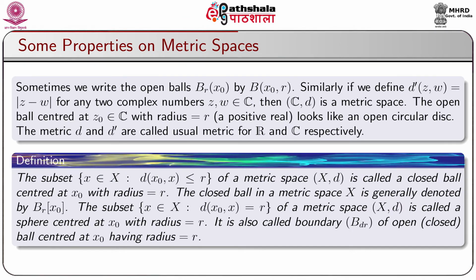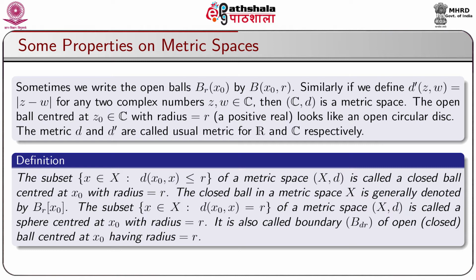Another definition: the subset of all x belonging to X such that d(x0, x) is less than or equal to r, of a metric space (X, d), is called a closed ball centered at x0 with radius r. The closed ball in a metric space X is generally denoted by B_r[x0].